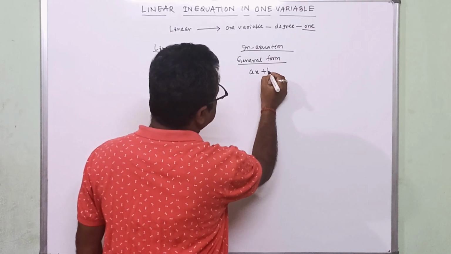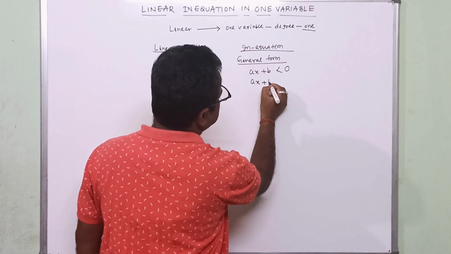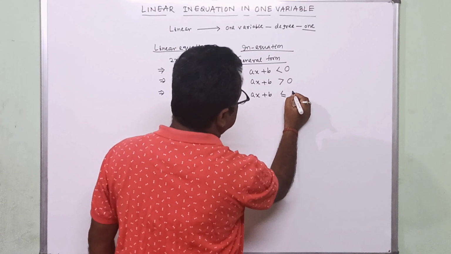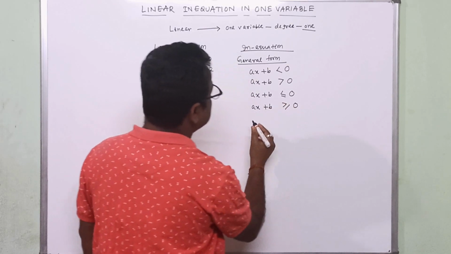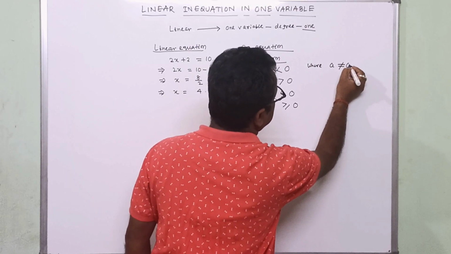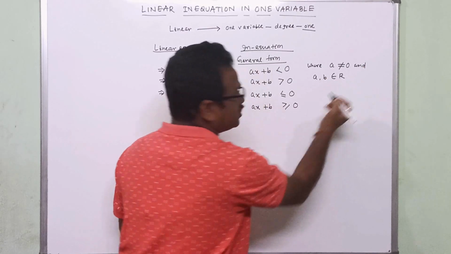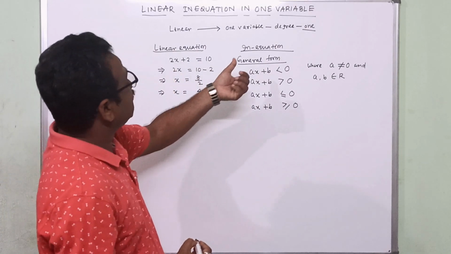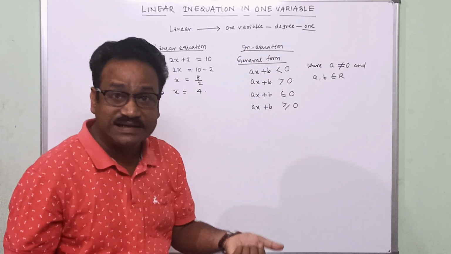So ax plus b less than 0, or we can write ax plus b greater than 0, ax plus b less than or equal to 0, ax plus b greater than or equal to 0, where a is not equal to 0 and a, b both belong to the set of real numbers. Now, linear inequation we can also call inequality.